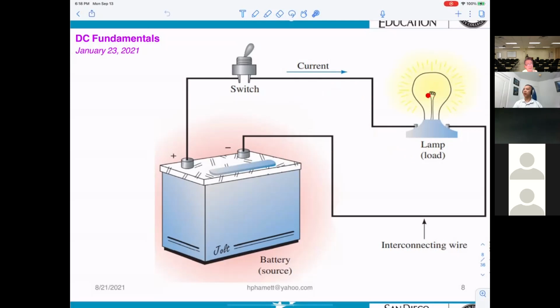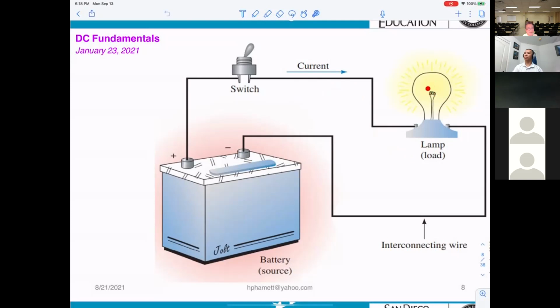That means inside that light here, you get a resistor. You get a resistor inside. So that is broken. So that's why the light is not on. Mr. Pham, they call that a filament, right? Yeah, that filament, when it's broken, it's like an open circuit and you get no flow.